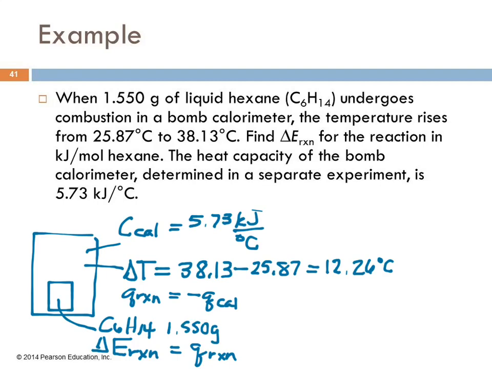Yes, it is. So Qcal, there's that negative, so I have to keep the negative. Qcal is that 5.73 kilojoules per degree Celsius times the change in temperature, 12.26 degrees Celsius.